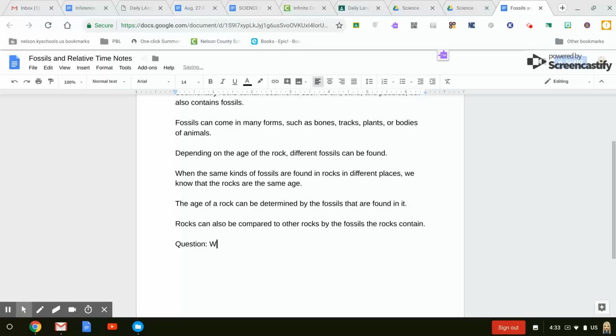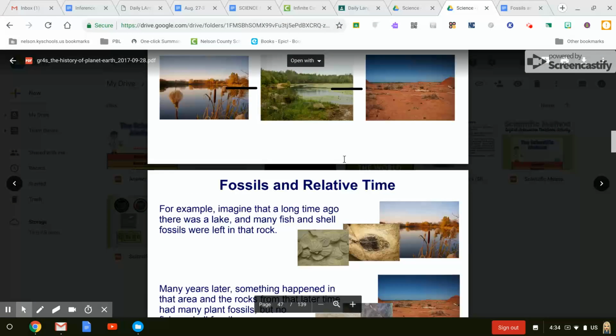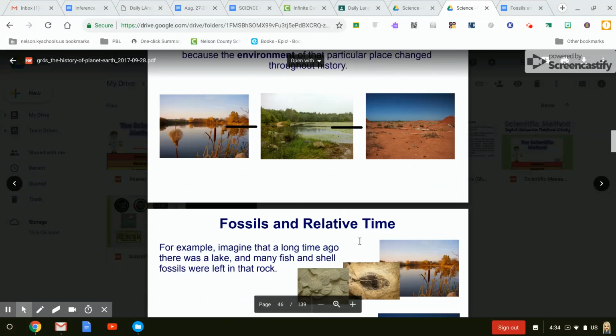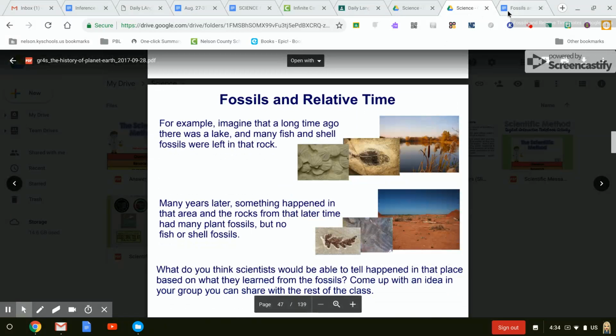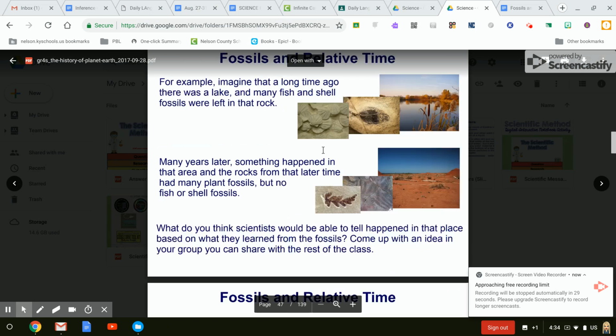Question: what do you think scientists would be able to tell happened in that place based on what they learned from the fossils? And you are looking at the pictures from these two slides to help you answer this question. Once you've answered that, we can move on.